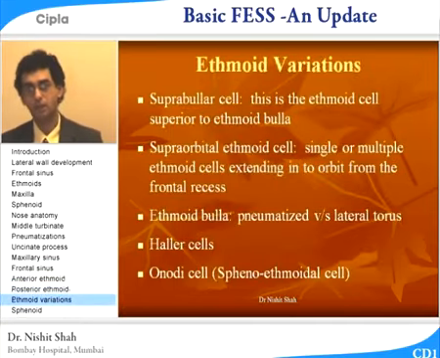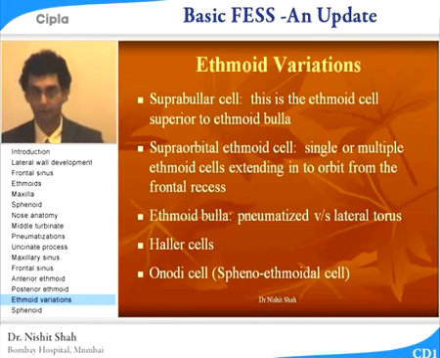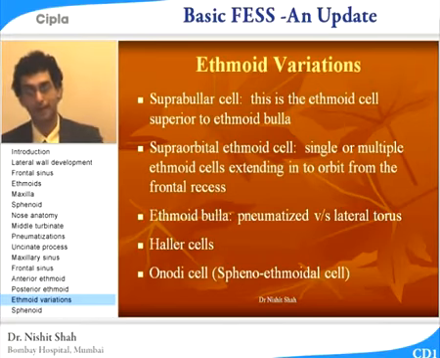There are lots of variations in the ethmoid, some of which are here. There are suprabulbar cells, maybe one, maybe more. Occasionally a suprabulbar cell may extend to the frontal, forming the frontal bulbar cell. You may have it extending above the orbit from the frontal recess, forming the supraorbital cell, again often confused with the frontal sinus itself, and one must be aware of these cells when you're operating.